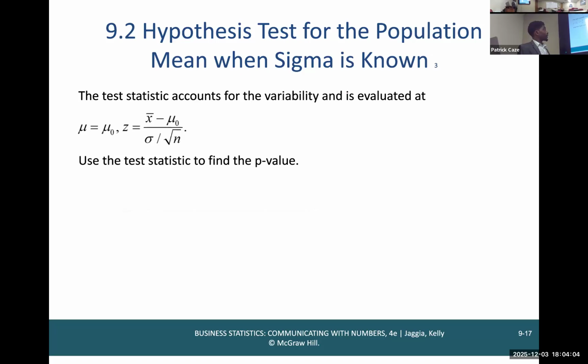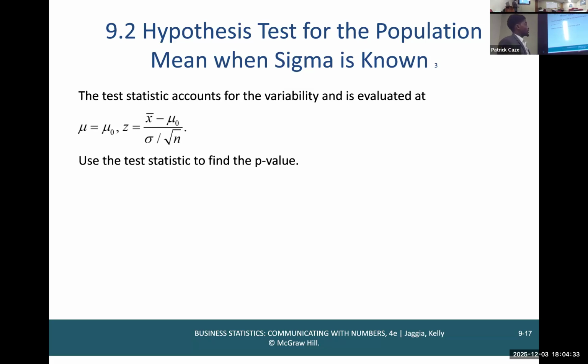The test statistic accounts for the variability and is evaluated assuming the mean is equal to the mean of the null hypothesis. So z is equal to the sample mean minus the mean of the null hypothesis, divided by the population standard deviation, sigma, divided by the square root of n.